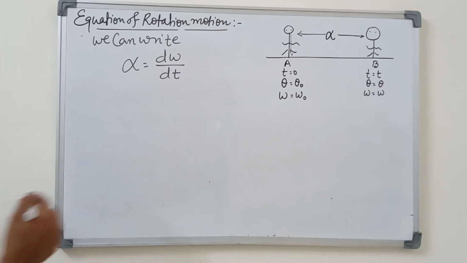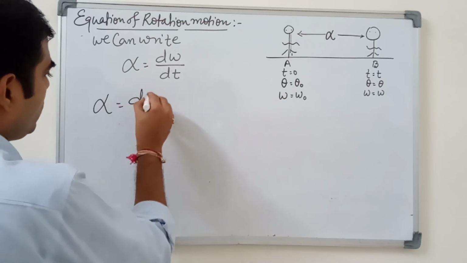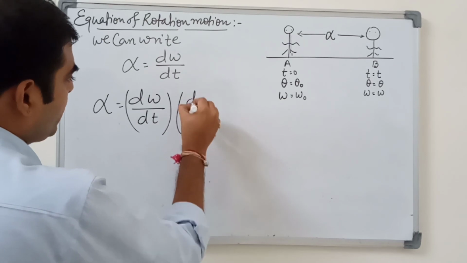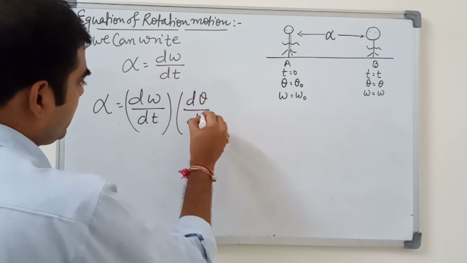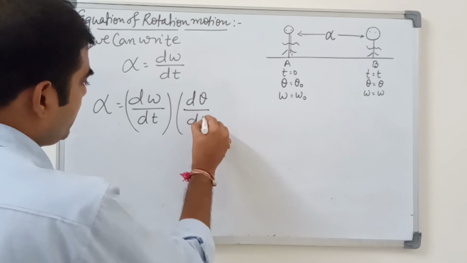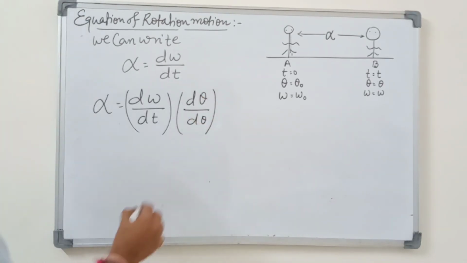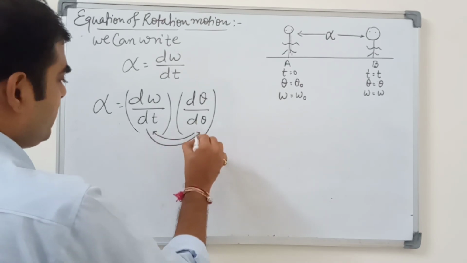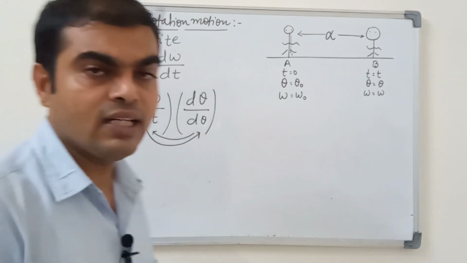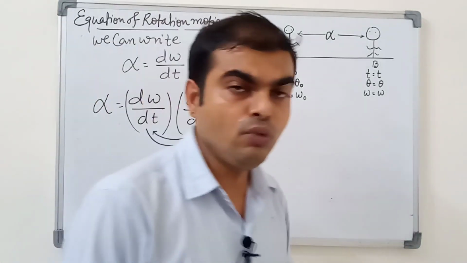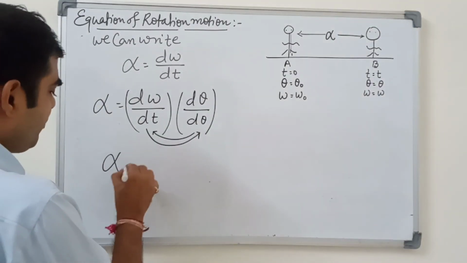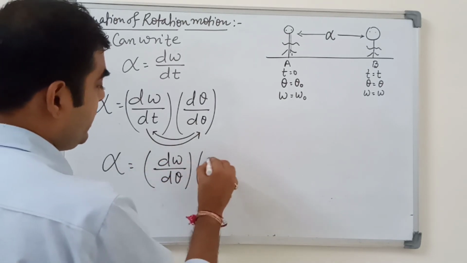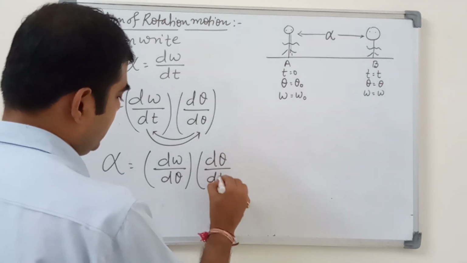Again, alpha is equal to d omega upon dt, and numerator and denominator are multiplied by d theta. The dt and d theta positions in the denominator are interchanged, creating a new function. So alpha is equal to d omega upon d theta times d theta upon dt.